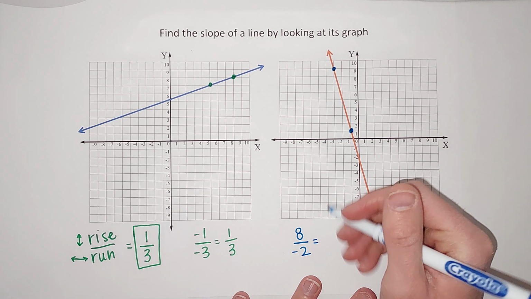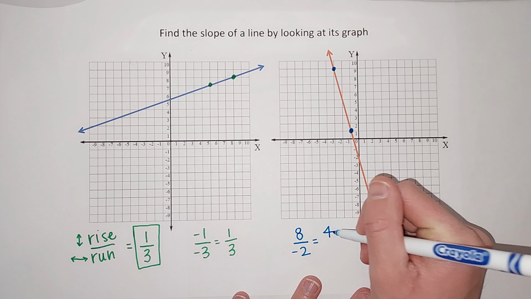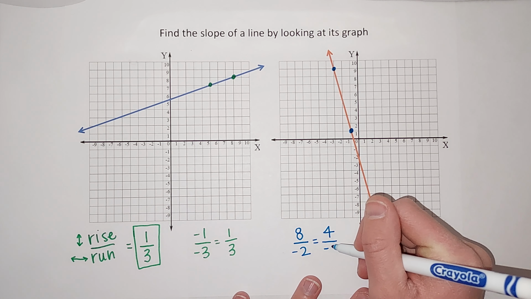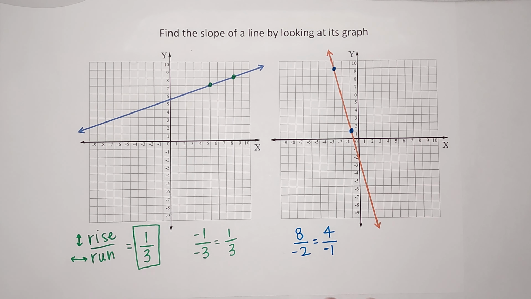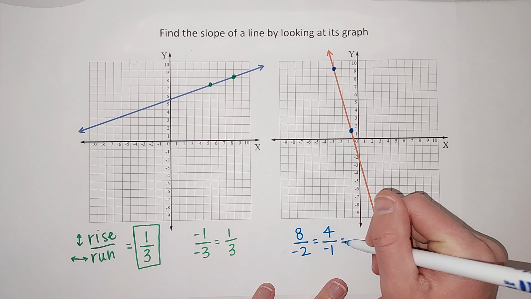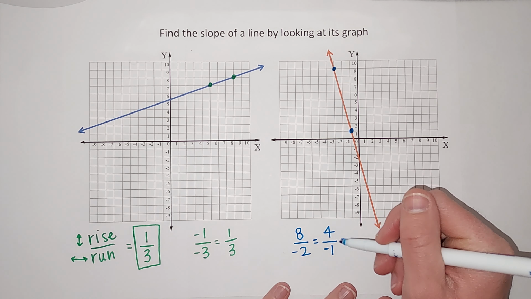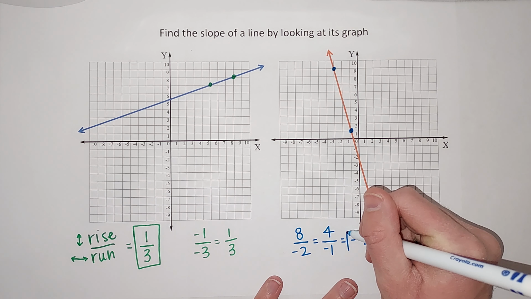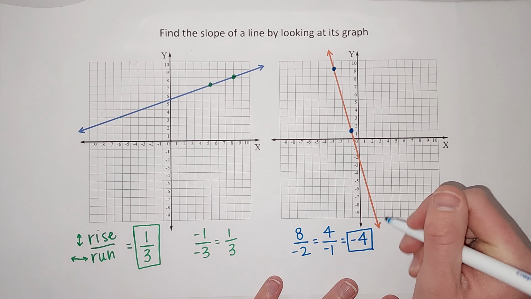So 2 goes into 8 4 times, and 2 goes into -2 -1, okay? So that simplified down to 4 over -1. That can even simplify down more. 4 divided by -1 gives me -4. Okay, so my slope here is -4.